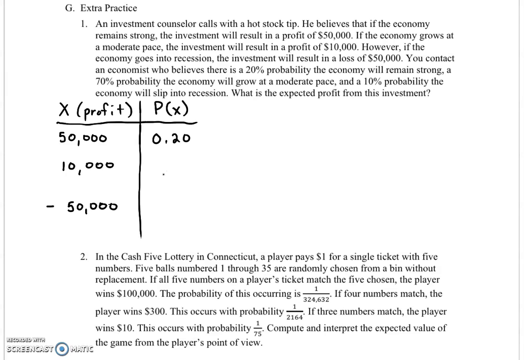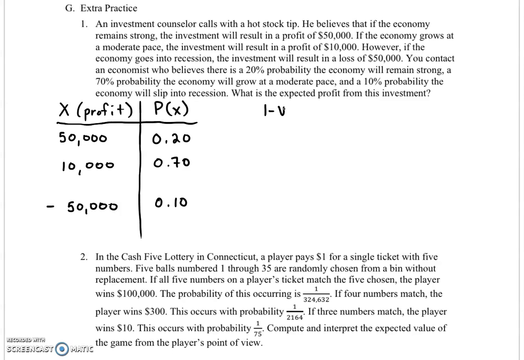Remember, we always have to turn our percents into decimals. There is a 70% probability that the economy will grow at a moderate pace, which means we make $10,000. And there's a 10% probability the economy is going to tank. And if that happens, remember, we lose $50,000.